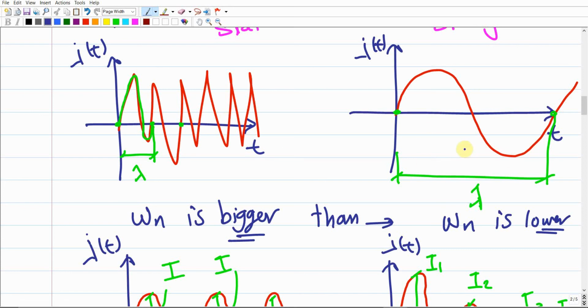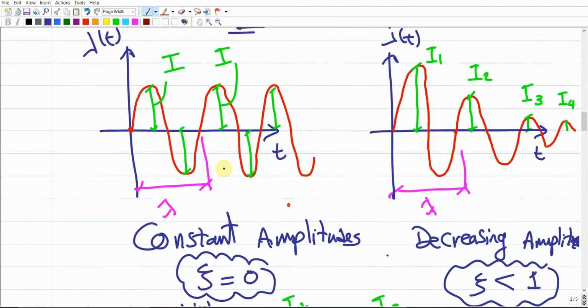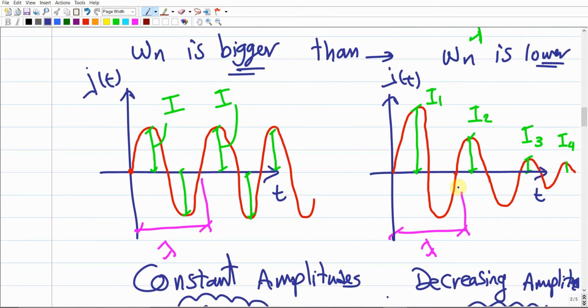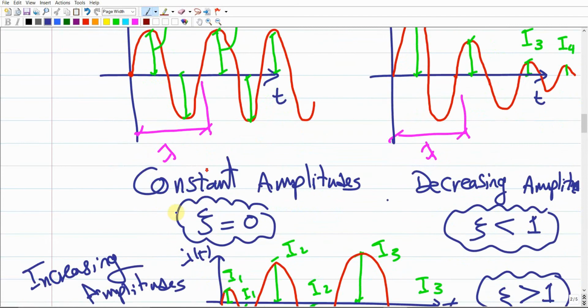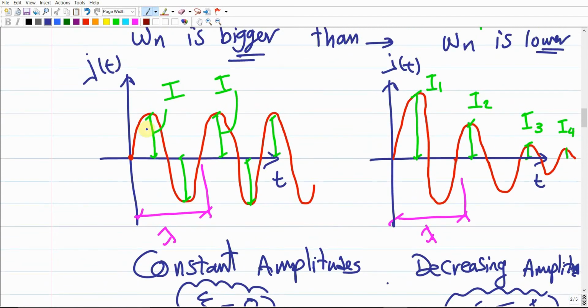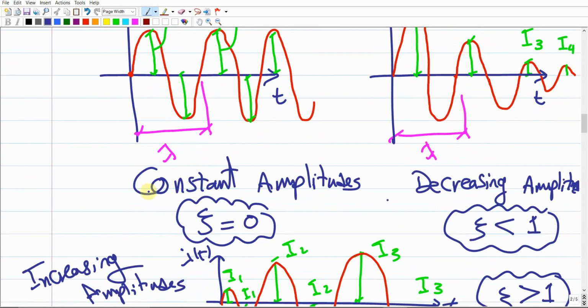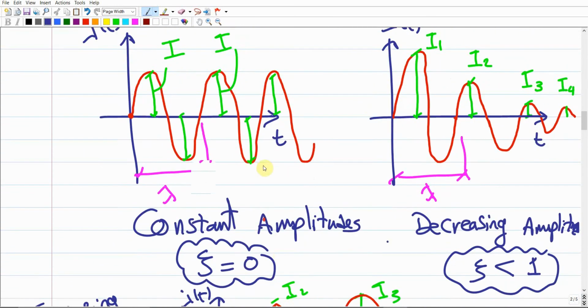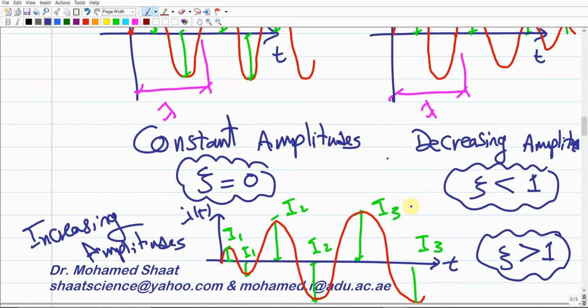Small values of omega n indicate that this current is going to change over time slowly, at a very slow rate. Xi: are we going to have a decrease or increase or no changes in the amplitudes of this current over time? The amplitude refers to the maximum value of the current and how this value is going to change over time. So are the amplitudes of these waves of the current going to change over time or not?